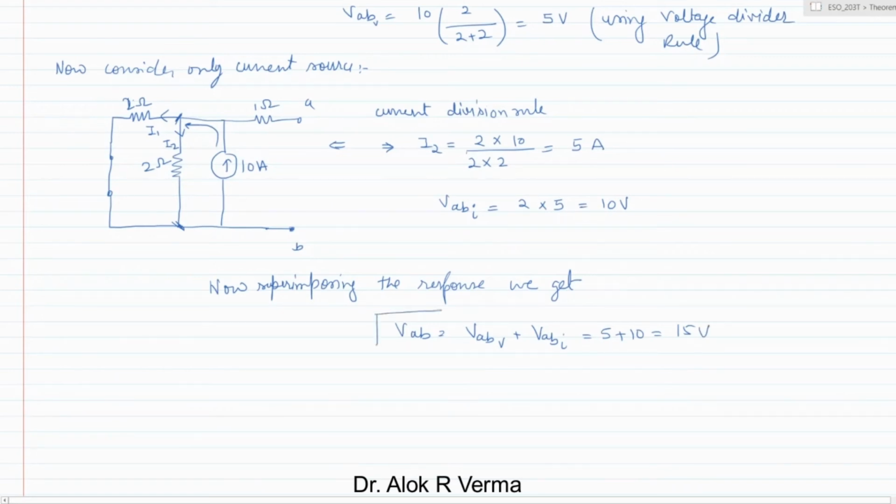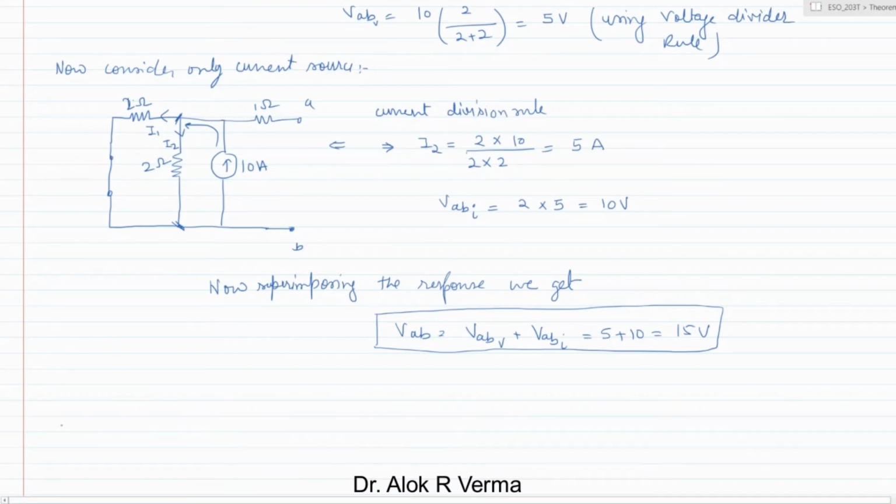So there are multiple ways. I have demonstrated here 3 methods of finding the VTH. You can find the VTH very easily by using any of the methods, and then the equivalent resistance as RTH. So this is how we can solve it.